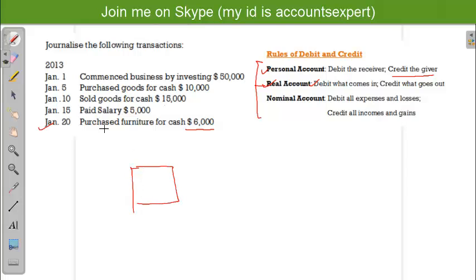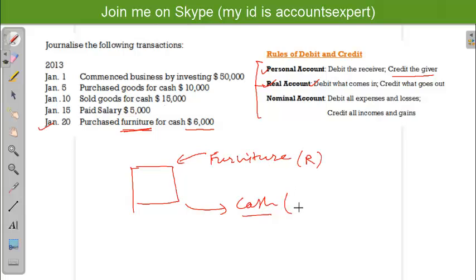So this is our business, and as we purchased furniture for the business, so furniture came in the business as we purchased the furniture, and cash gone out from the business as we purchased furniture for cash, so we paid the money, so cash gone out from the business.